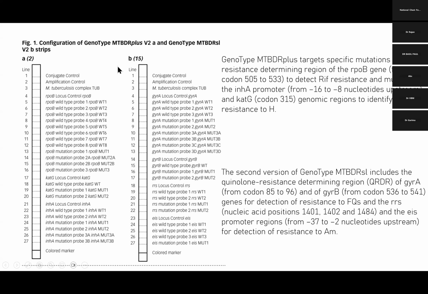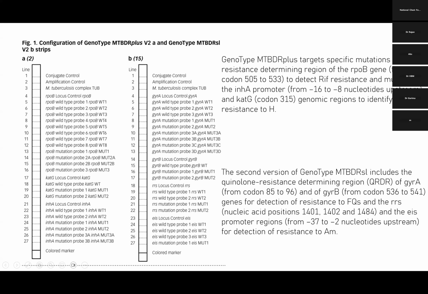The third line is the M. tuberculosis complex, TUB, and then there are different probes. From 4 to 16, you can see rpoB, locus control, then the fifth is wild type. These are all lines which I will explain in the corresponding slides.